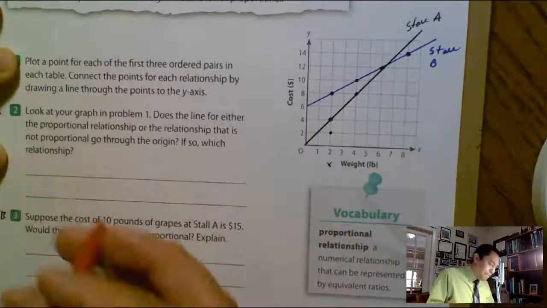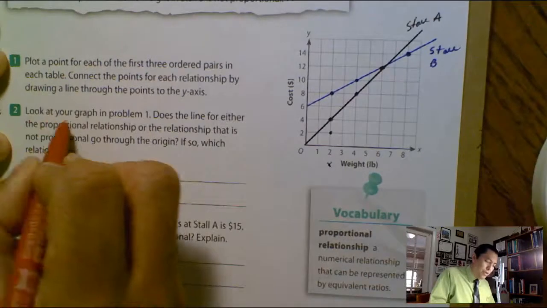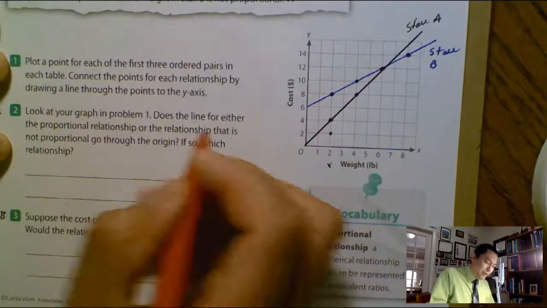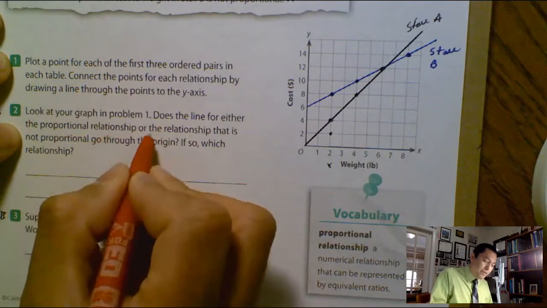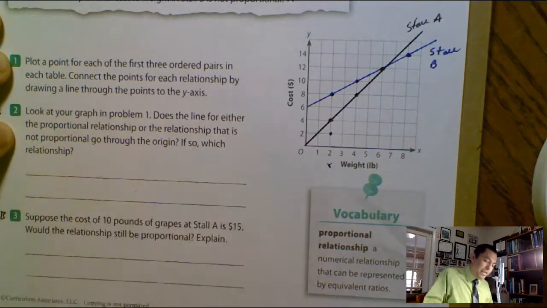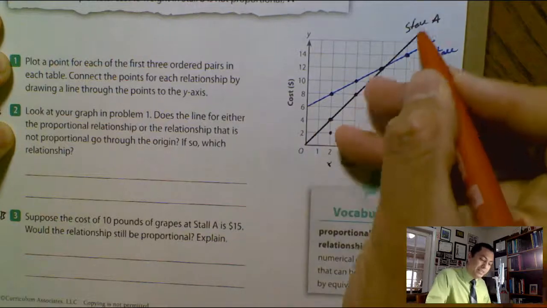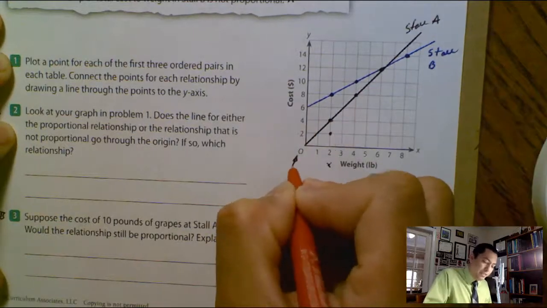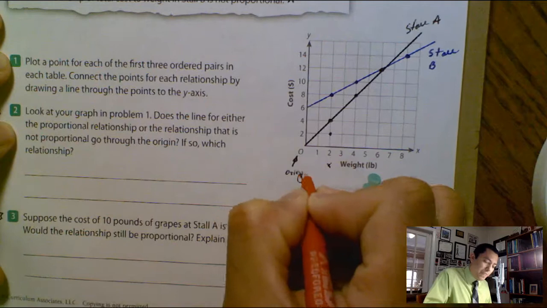So problem B or 2, look at your graph in problem 1. Does the line for either the proportional relationship or the relationship that is not proportional go through the origin? If so, which relationship? As you can see, 0 is the origin. This is the origin. And it's only 1.